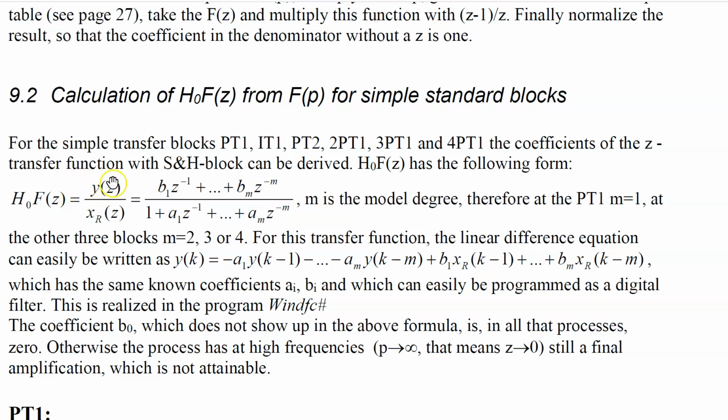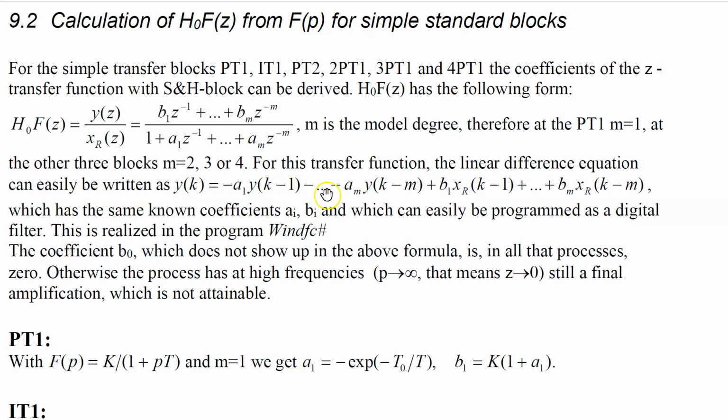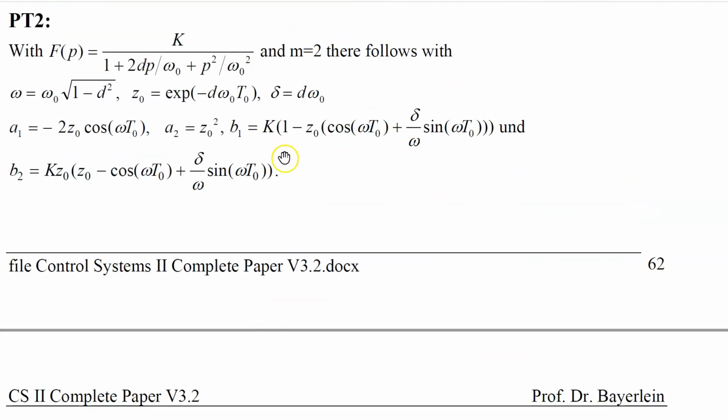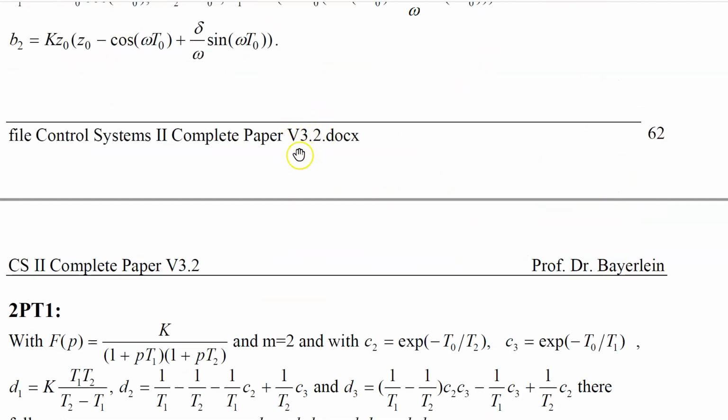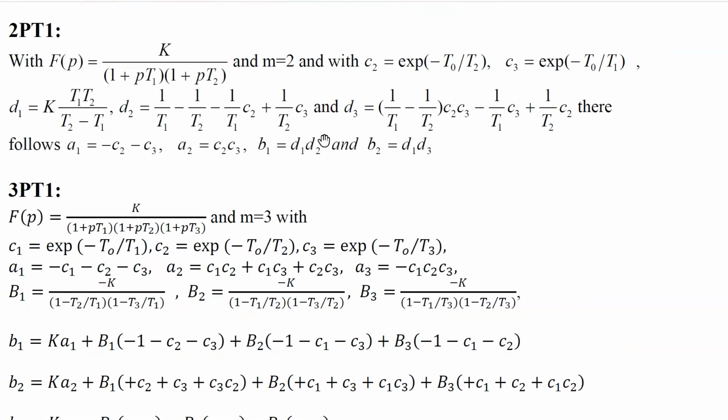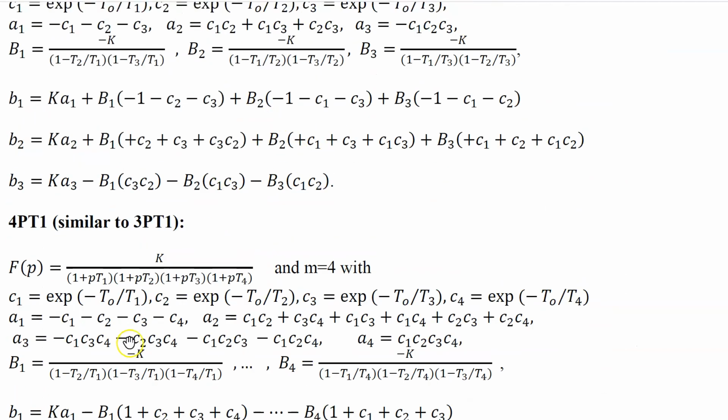So normally the process output is called X and the controller output is called Y. So I have changed this. Note that in these equations I have also changed the letters. Please use version 3.3, then this is a little bit more consistent in the use of the letters.